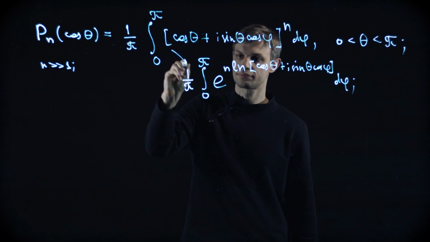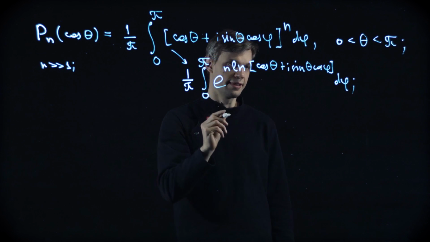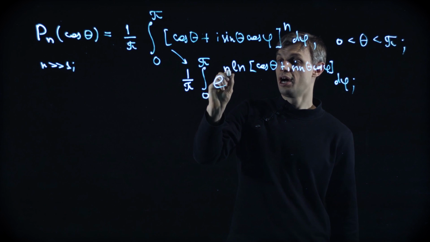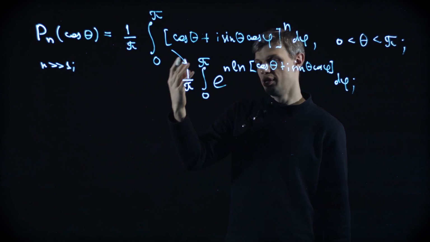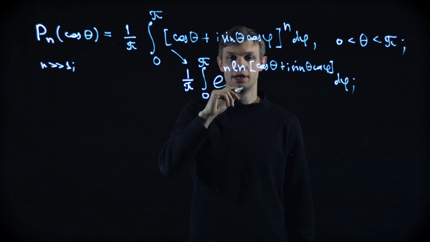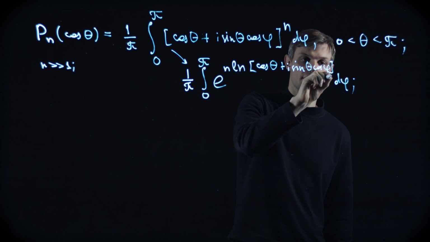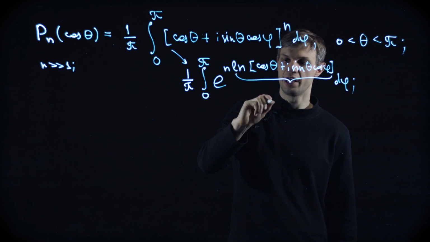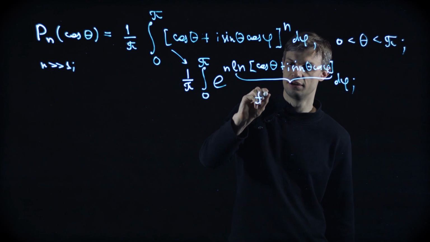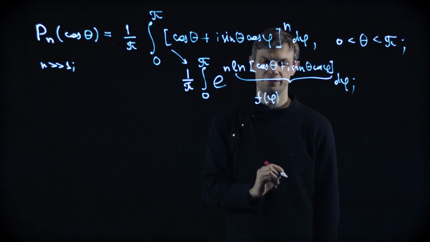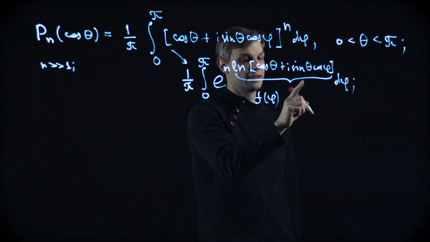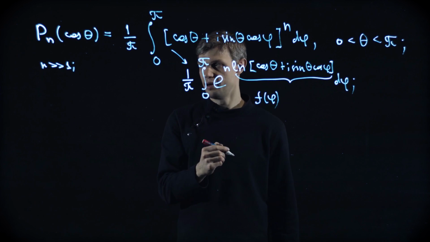Now it has this exponential form, and our large parameter n, or lambda, as we used before, is now factored out. So clearly we already have our function f, this is our function f of phi, and we will treat phi now as a complex variable.